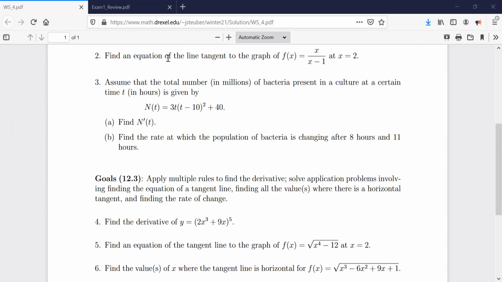So find the equation of the tangent line. f of x is equal to x over x minus 1 at x equals 2. For the equation of a tangent line, what do I need? Derivative. And?